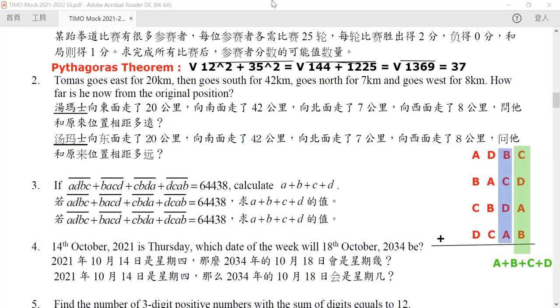If we sum up all the 10th digits, it will be equal to, again, A plus B plus C plus D. But this time, do remember that these digits represent 10 in here. So instead of A plus B plus C plus D, it is equal to 10 times A plus B plus C plus D.